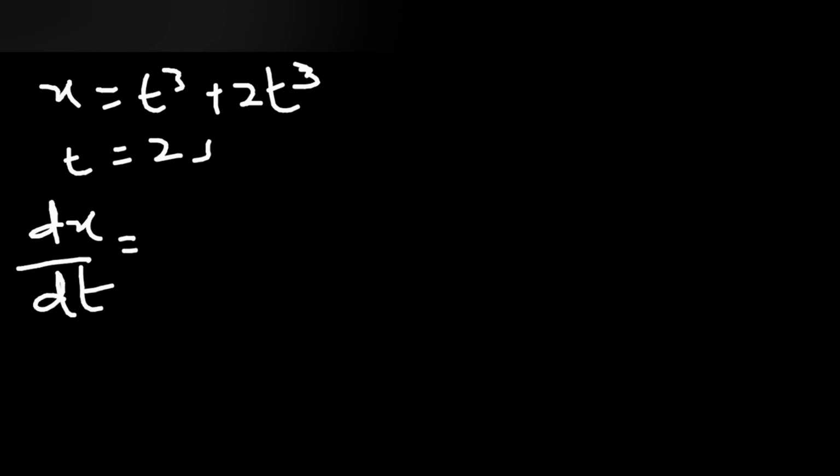And we were told to obtain the instantaneous velocity after 2 seconds. So what we need to do is to differentiate x with respect to t, and we shall have 3t raised to the power 2 plus 6t raised to the power 2.